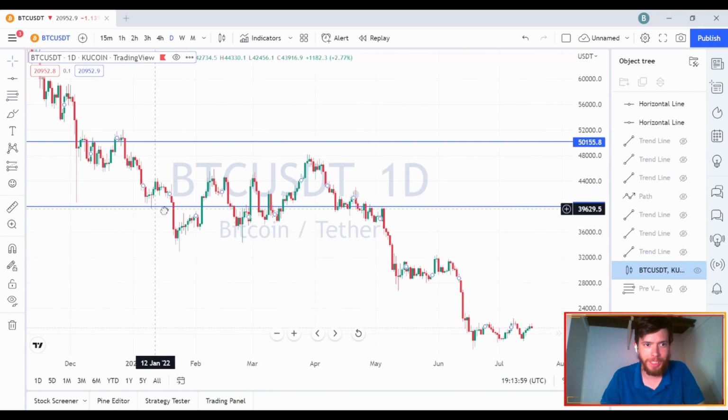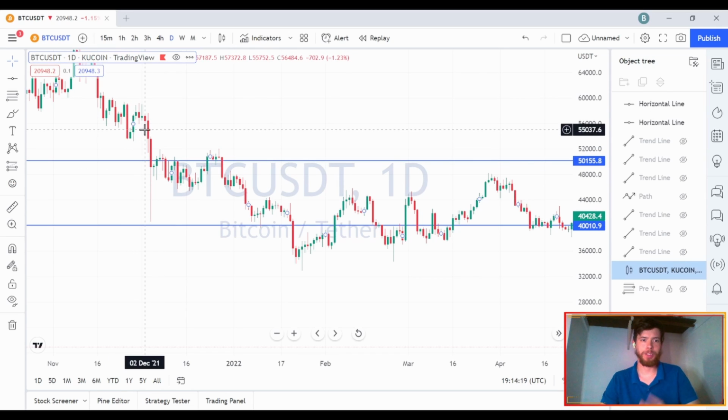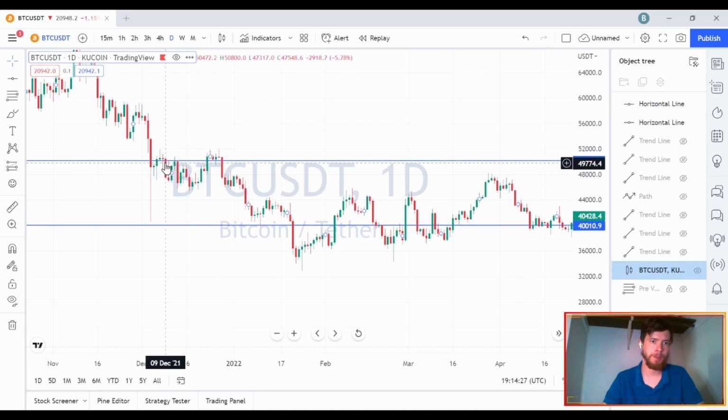So if we go back in our channel, if you look here, we have this big red wick that came down and hit our support, and then we wound up bouncing up to our resistance area. As you can see, we kind of fluttered around, didn't break our resistance, and that made us come back down.